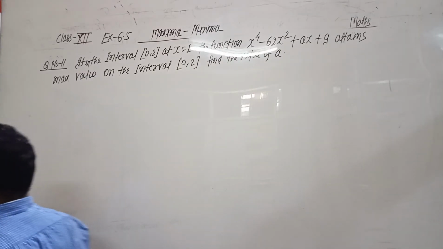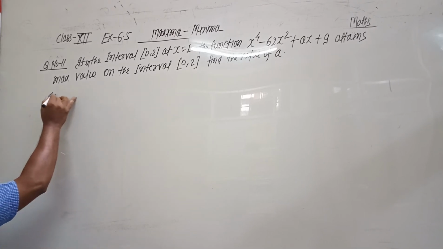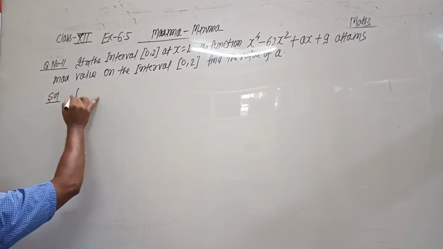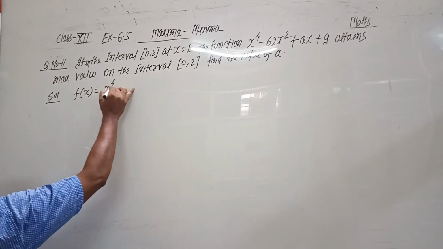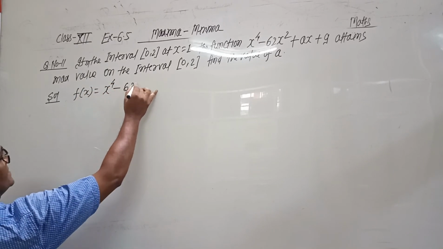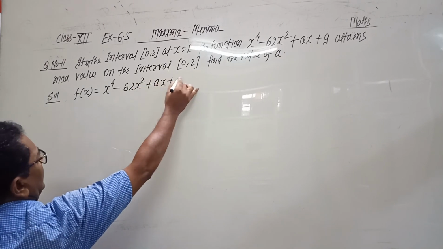We have to find the value of a, and it is given that the function attains its maximum value at x equals 1 in the interval 0 to 2. So the function is f(x) equals x raised to the power 4 minus 62x square plus ax plus 9.